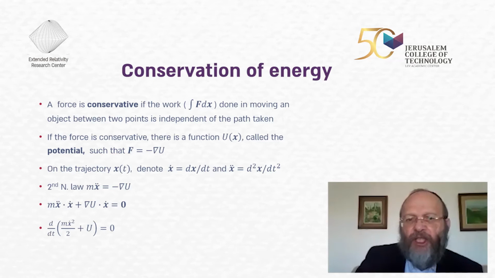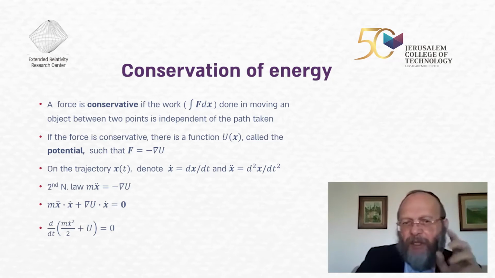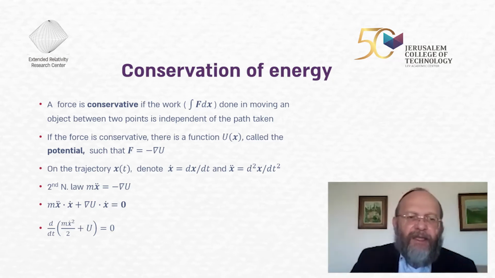And when you differentiate u, which is a function of x, y, z, you differentiate by each one of them: du/dx times dx/dt, plus du/dy times dy/dt. This way, what you get is the gradient of u dot product with x dot.